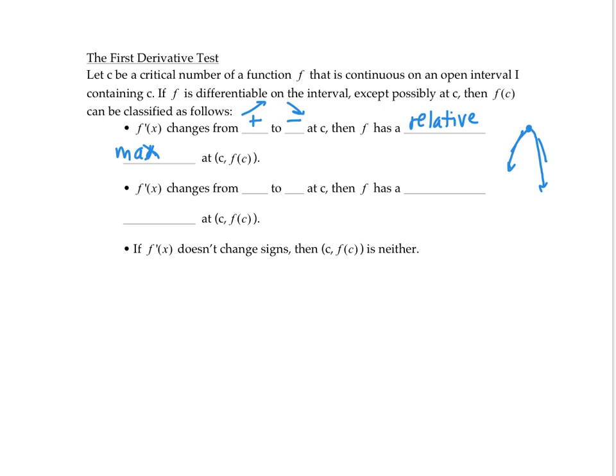Okay, if f prime of x changes from negative or decreasing to positive or increasing at c, then f has a relative minimum at c comma f of c. So relative minimum. If f prime of x doesn't change signs, then c comma f of c is neither.